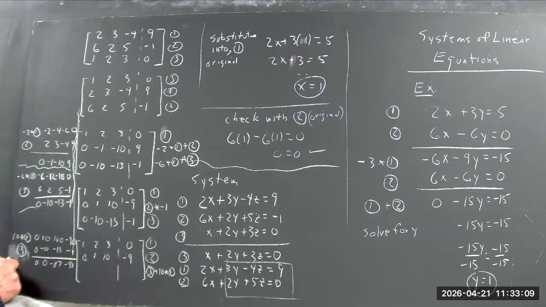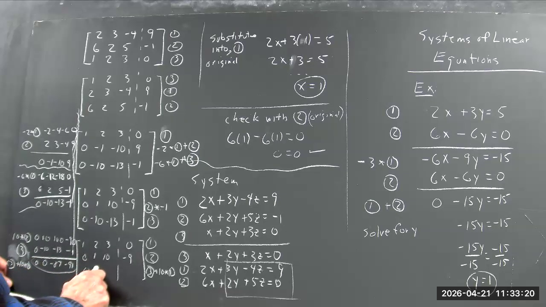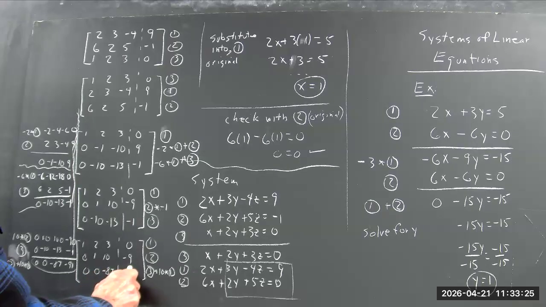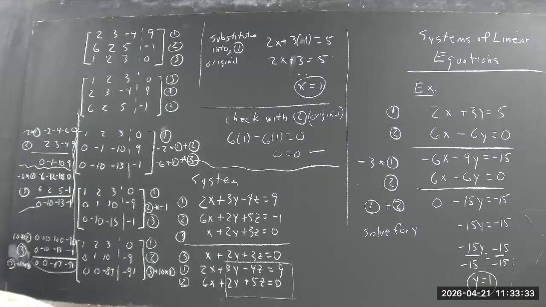Right here is the third row plus 10 times the first. This is the row that's going to go here. 0, 0, negative 87, negative 91. And that's off by a little bit.